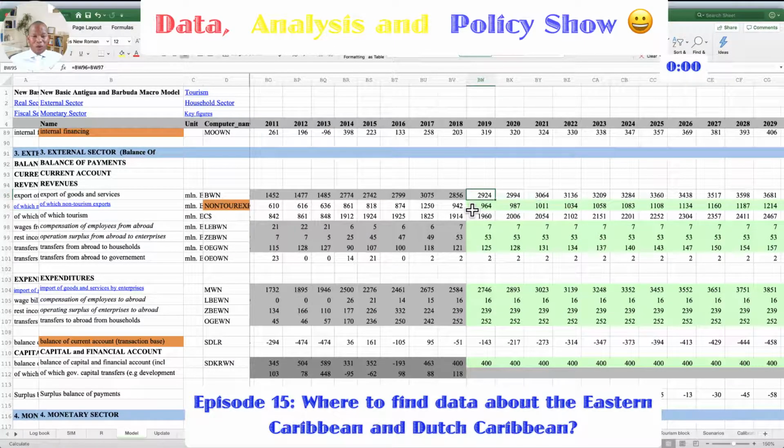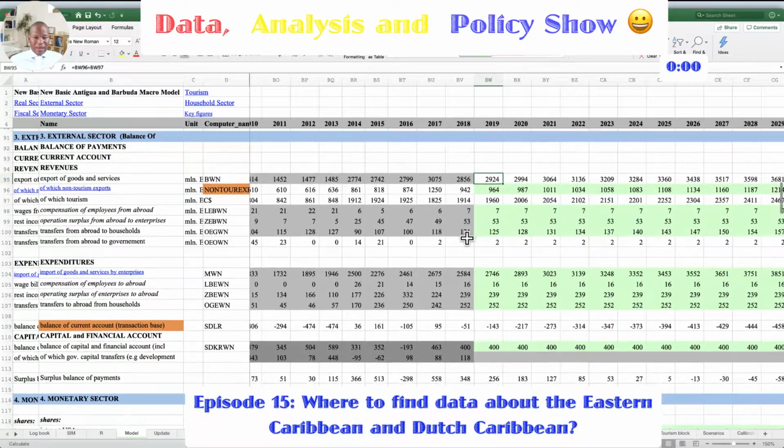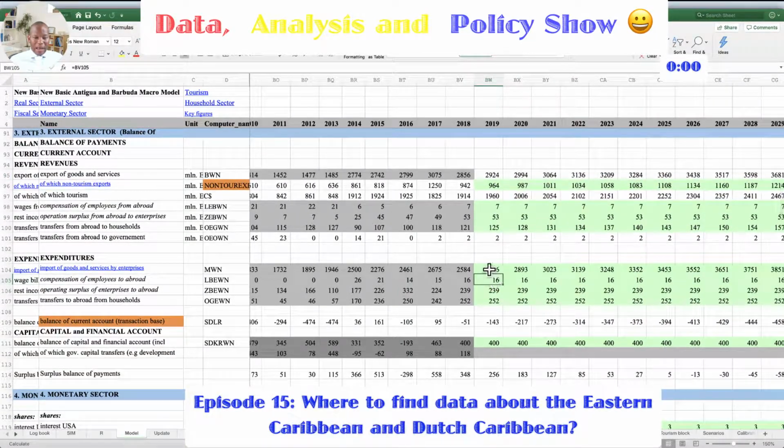So their exports have increased a lot. And if you look at the imports, they have also increased a lot, of course, but it looks like the imports are lower than the exports for 2018. What does this tell you?